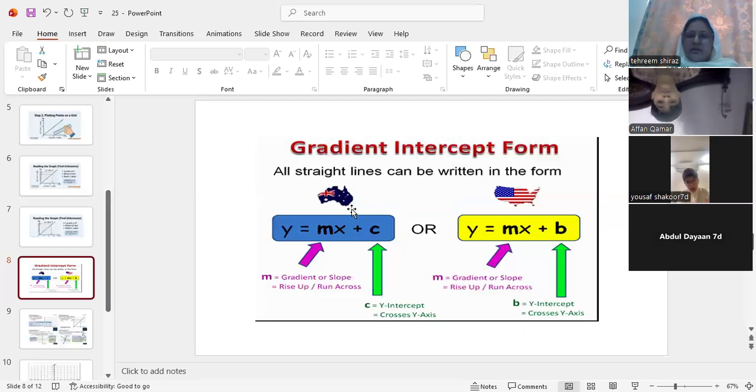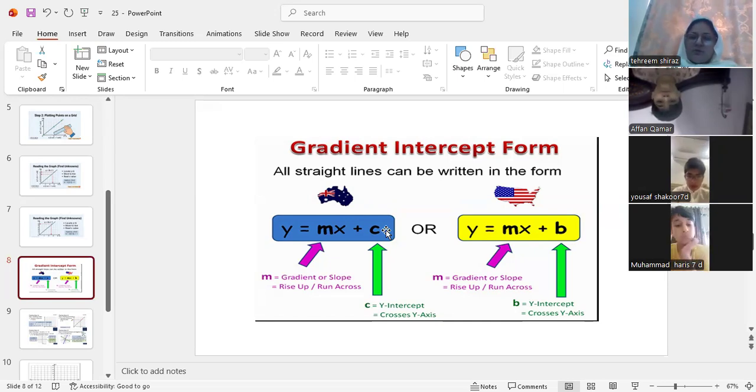Has anyone done this task? Please raise your hand. Any other school of thoughts? For those who were absent yesterday, I will tell you that in the American school of thought, they use b for the y-intercept, but in the Australian school of thought, they use c for the y-intercept.